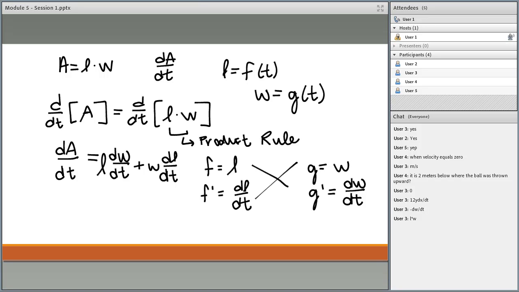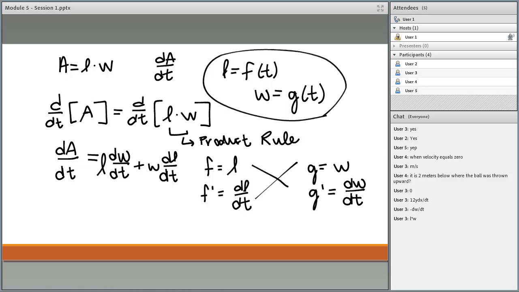The length and the width are both changing with respect to time, which means they're a function of t. So when I take the derivative of L, for example, which is just 1, I then have to take the derivative of the inside function, so that's dL/dt. We weren't told what the functions are, we were just told their values for how fast they're changing.